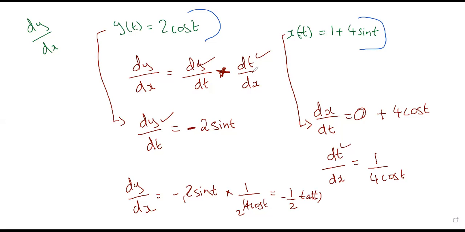This is why the chain rule was invented. We use the chain rule when we have three types of variables. Dy by dt into dt by dx, their product is dy by dx. I can simply find dy by dt, I can simply find dx by dt, and hence I can find dt by dx.